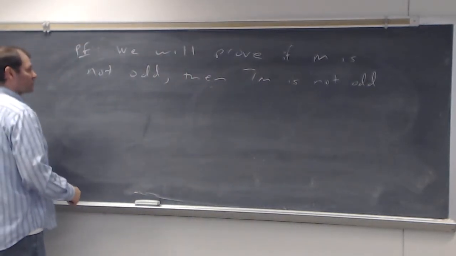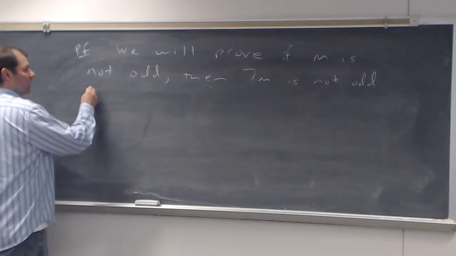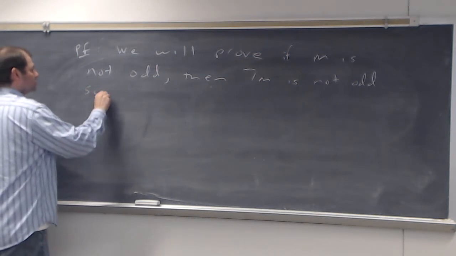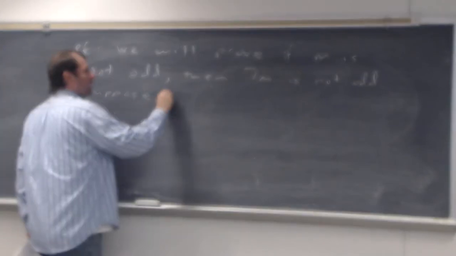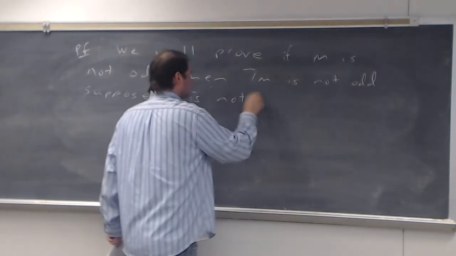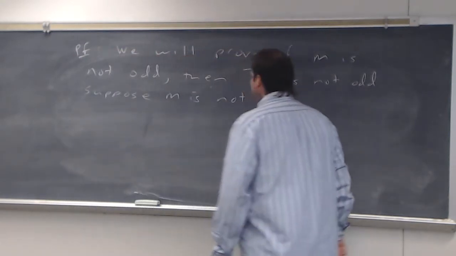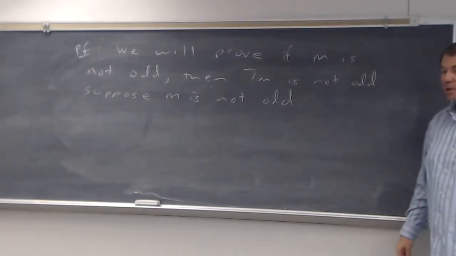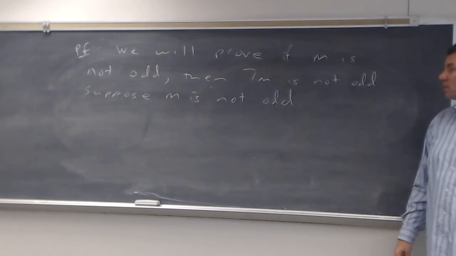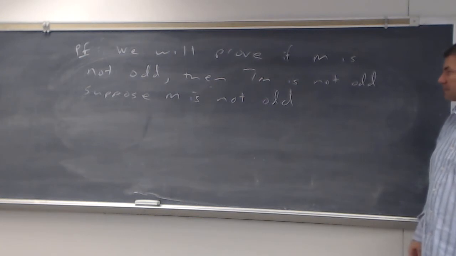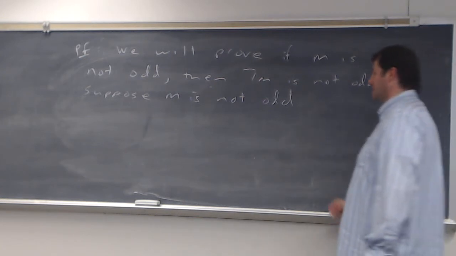And so the way that I'm going to do that is: suppose M is not odd. Okay, in this setting, even though it wasn't explicitly stated, we're thinking that M is some kind of integer, plus or minus whole number. So when we say M is not odd, that means that M is even.